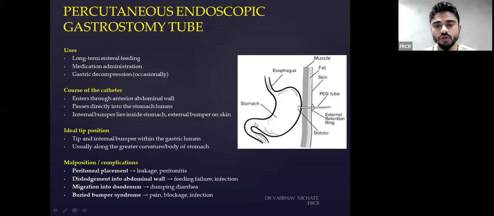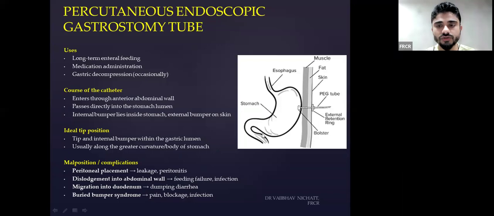As and when the obstruction relieves, if you are injecting something, then the hyperosmolar contents of the PEG tube will enter into the duodenum, and because of the hyperosmolar contents, the patient will have increased diarrhea. Because of osmosis, the hyperosmolar content will suck all the body fluid and the patient will have dumping diarrhea.